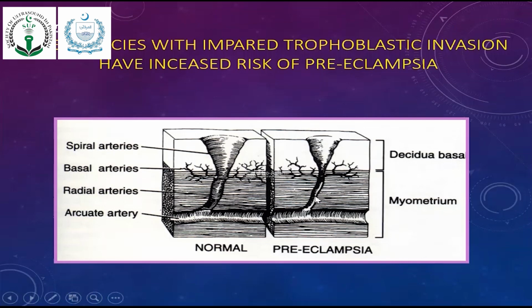So the size or the width, the caliber of the spiral arteries and radial and basal arteries decreases due to vasoconstriction and different mechanisms which can result in increased pressure and preeclampsia.